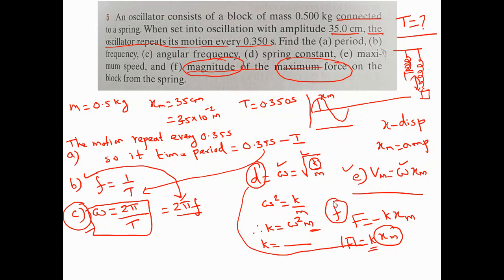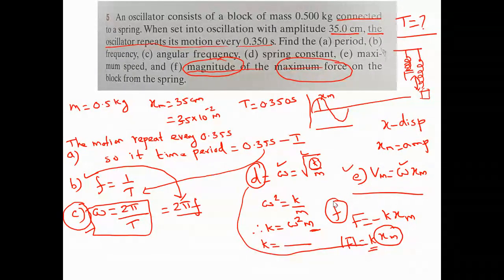Any question from your side? When he wanted the maximum force, I changed it from x displacement to x amplitude. Because either you can work out with the x naught, or you can work out with the xm.